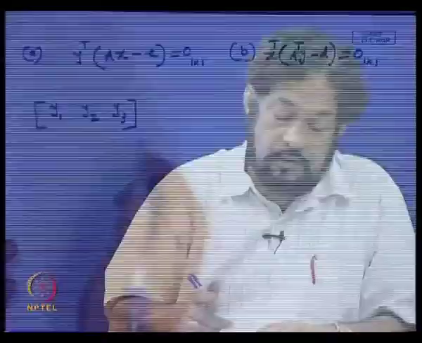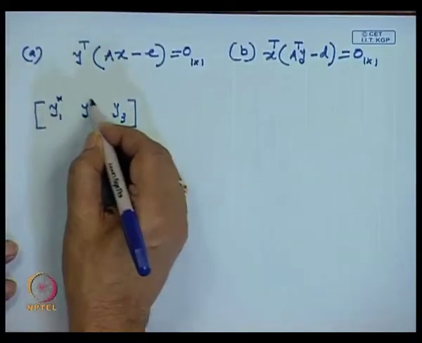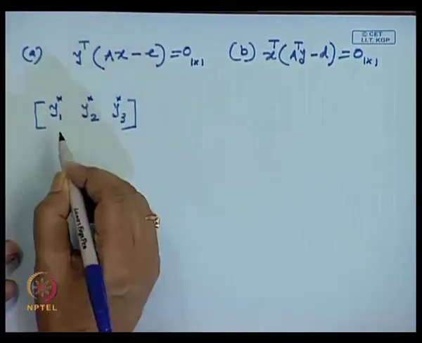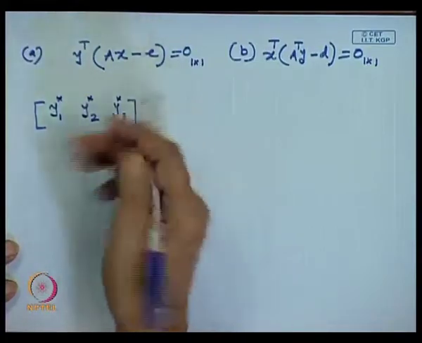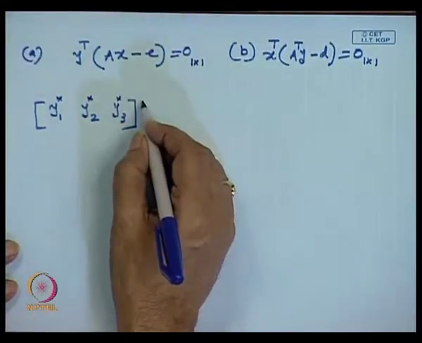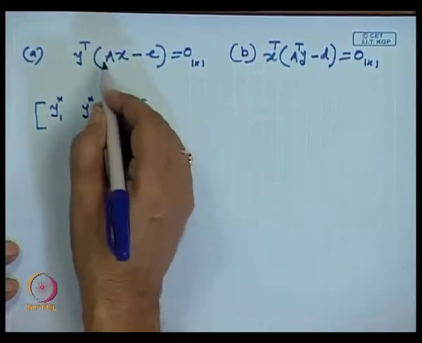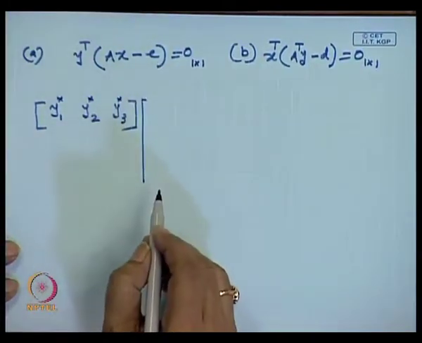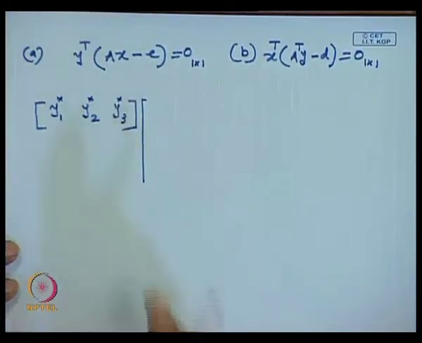So, I can immediately write this is y star, because the star indicates the optimal solution of this one, multiplied by A x minus E, and that we have already seen in our problem, this A x minus E.